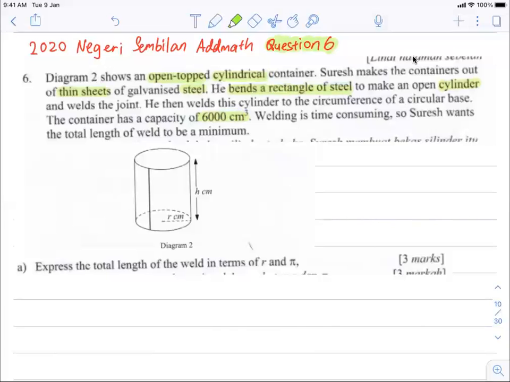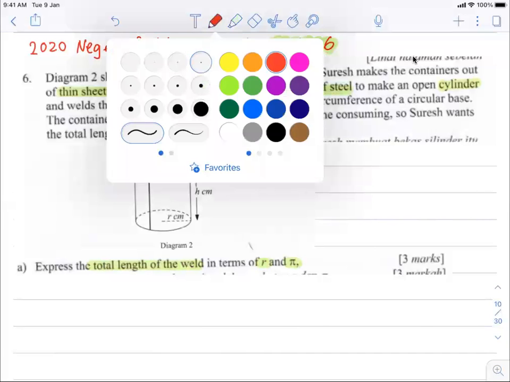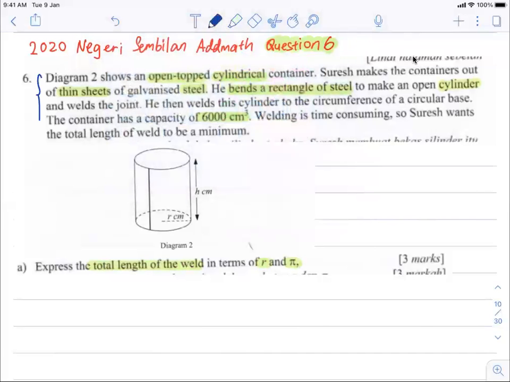Okay, now we can straight away look at the question. Part A asks us what is the total length of the weld in terms of r and pi. What the question, a very long question, is trying to say is basically, imagine you have a sheet of paper, you roll this paper up in order to become a cylinder.